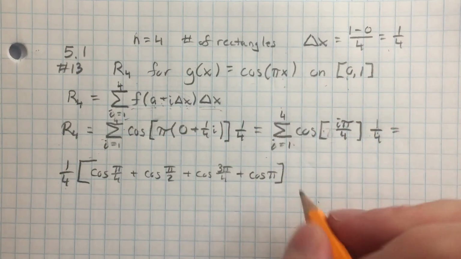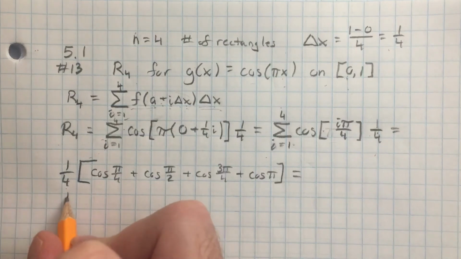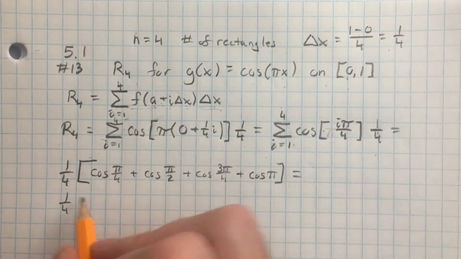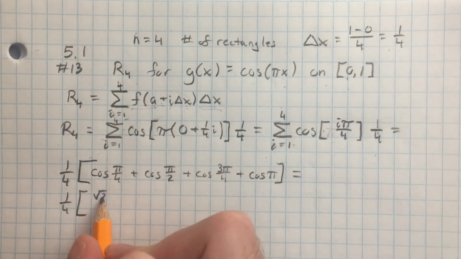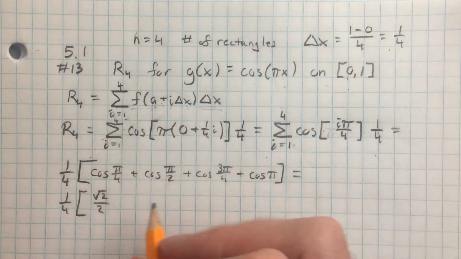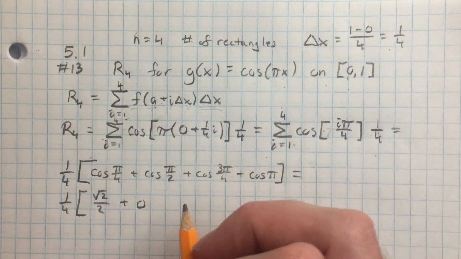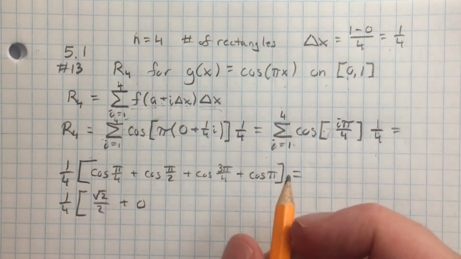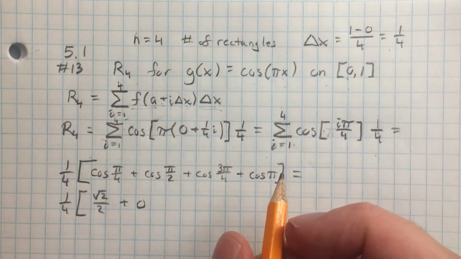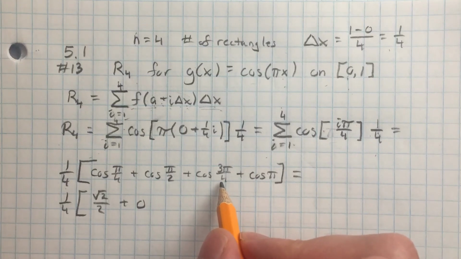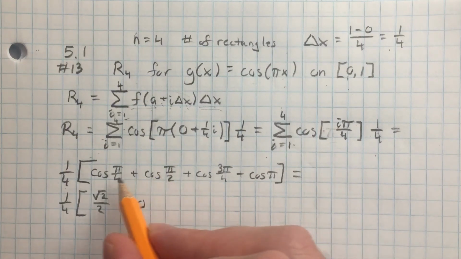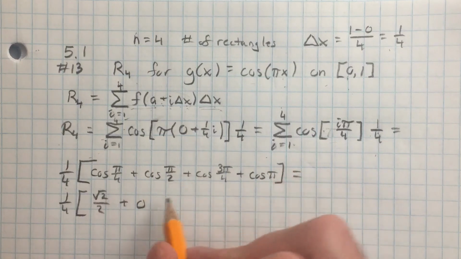Okay, so let's see what we get for the values. 1/4 cos pi on 4 should be root 2 on 2. Cos pi on 2 is 0. Cos 3 pi on 4 should be negative root 2 on 2. It's in the second quadrant, and cos is negative in the second quadrant, but it has the same reference angle as pi on 4, so root 2 on 2, but negative.